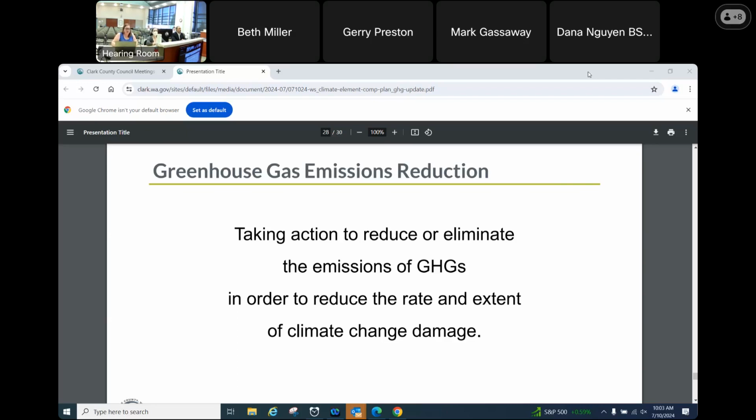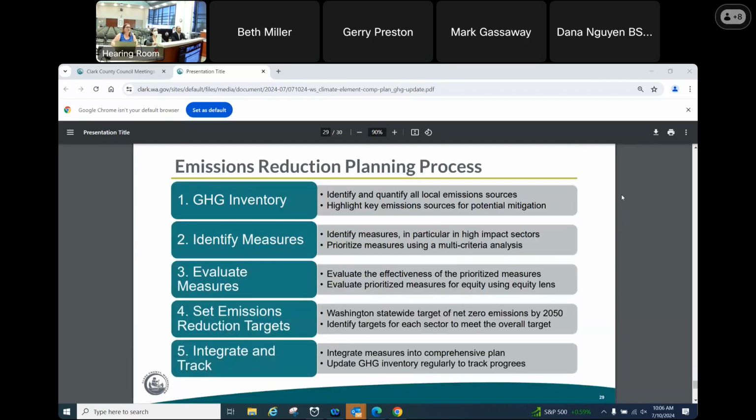So the process overall, on the next slide, takes place over the course of multiple steps. The first one is to complete that greenhouse gas inventory. So that really helps identify the local emission sources and quantify them. And then it highlights where the sources are for potential mitigation that the entity, in this case, unincorporated Clark County, should focus on.